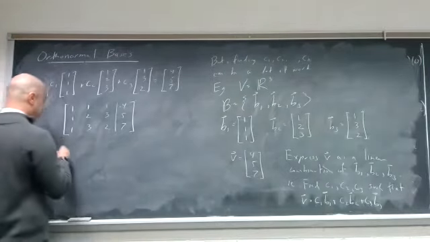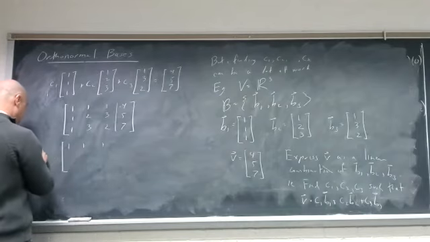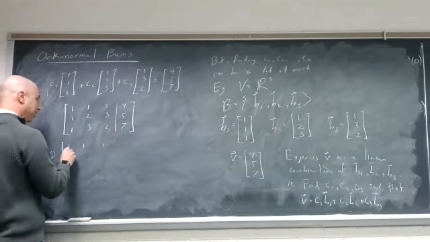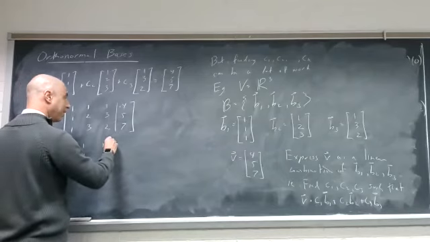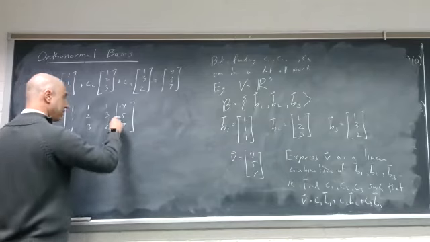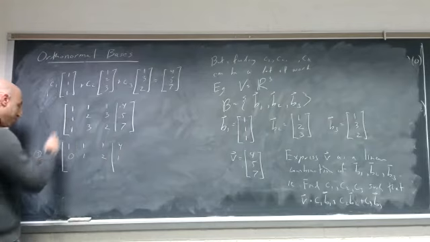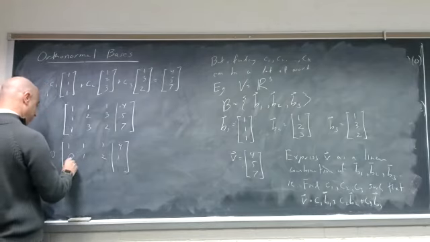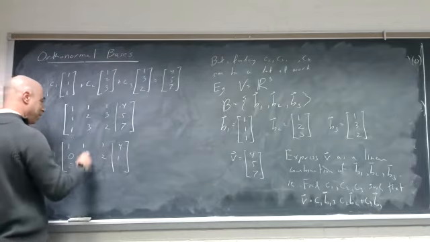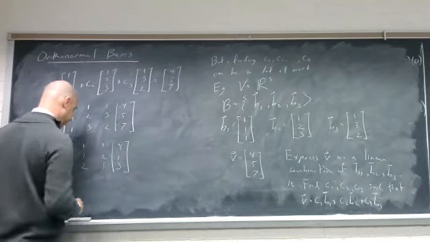We already have a 1 there, so 1, 1, 1. I could go row 2 minus row 1, which is 0, 1, 2, and 5 minus 4 is 1. And I could go row 3 minus row 1. So that's 1 minus 1 is 0, 3 minus 1 is 2, 2 minus 1 is 1, and 7 minus 4 is 3.